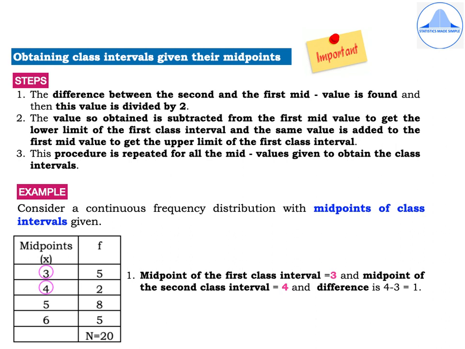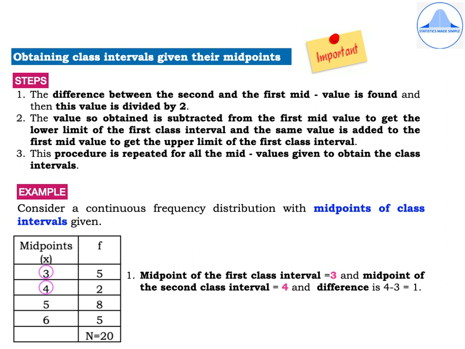Let us now learn how to obtain class intervals given their midpoints. We'll follow three steps. The first step is to find the difference between the second and the first mid value. And then this value is divided by 2. The midpoint is also called as the mid value of the class interval.